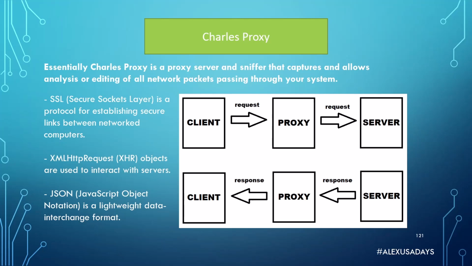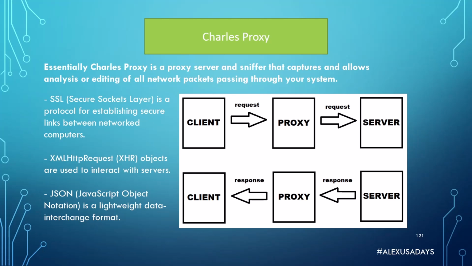Now, instead of going directly to the server, it will be going through Charles Proxy. Inside the Charles Proxy, you can now analyze the traffic, you can edit it. The server will get edited traffic if you changed anything. Then the server is going to send response back, and then again, instead of getting directly into your client, so into your phone or your browser, it will go through the proxy where you can actually update it.